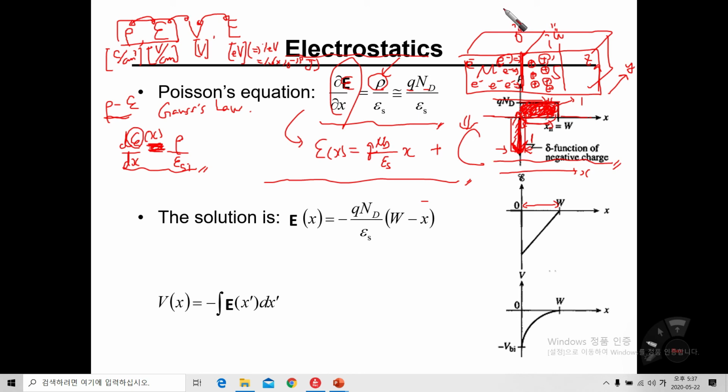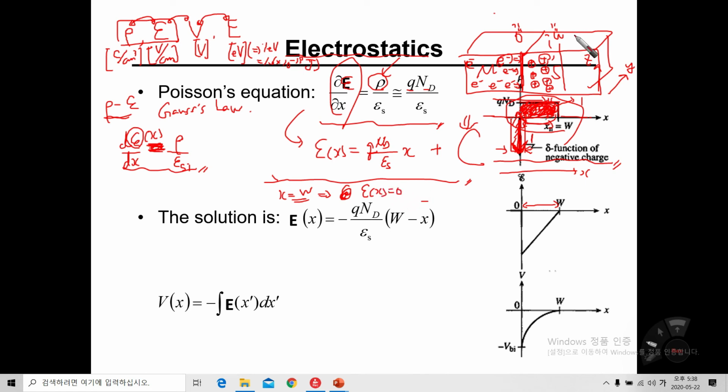Yes, the boundary condition. So going back to the charge density plot here, what is the boundary condition? Yes, when x is W, the electric field should be 0.